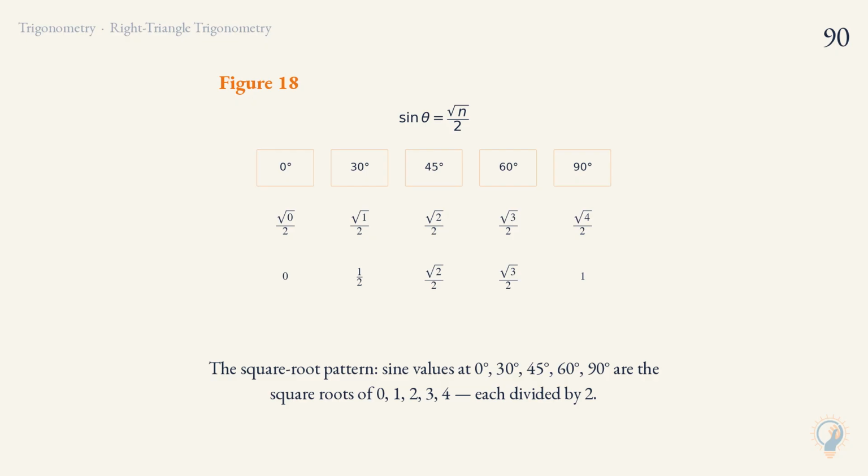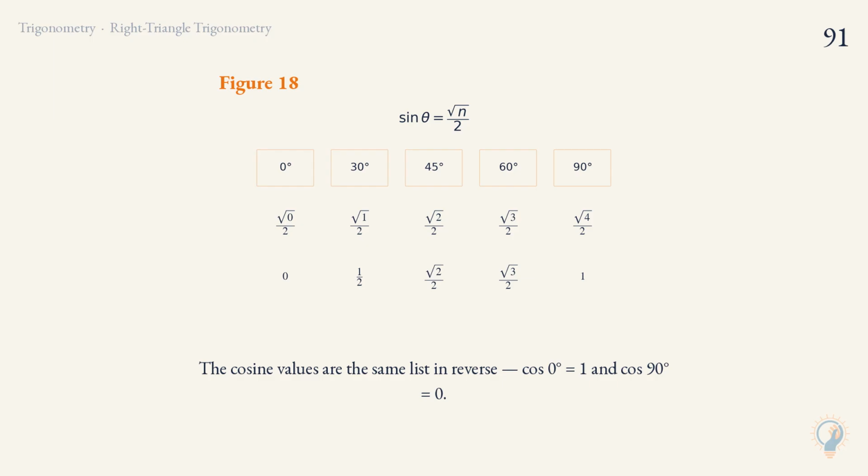Sine values at 0, 30, 45, 60, and 90 degrees are the square roots of 0, 1, 2, 3, and 4, each divided by 2. The cosine values are the same list in reverse. Cosine of 0 degrees equals 1, and cosine of 90 degrees equals 0.